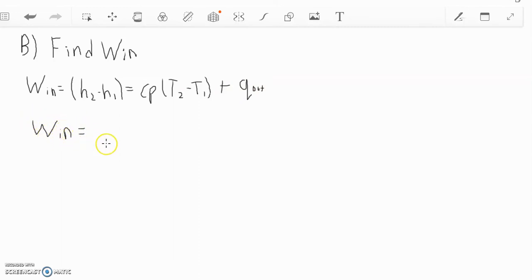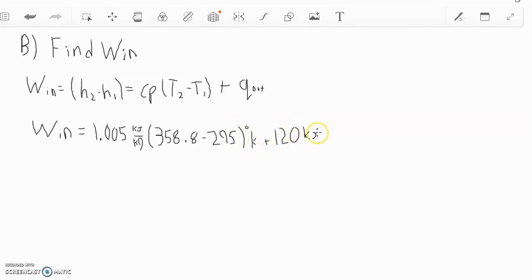So if we plug in our numbers, we get the work into the compressor equals 1.005 kilojoules per kilogram Kelvin times 358.8 minus 295 in degrees Kelvin plus 120 kilojoules per kilogram. And then from that, we get a final answer of 184.122 kilojoules per kilogram.